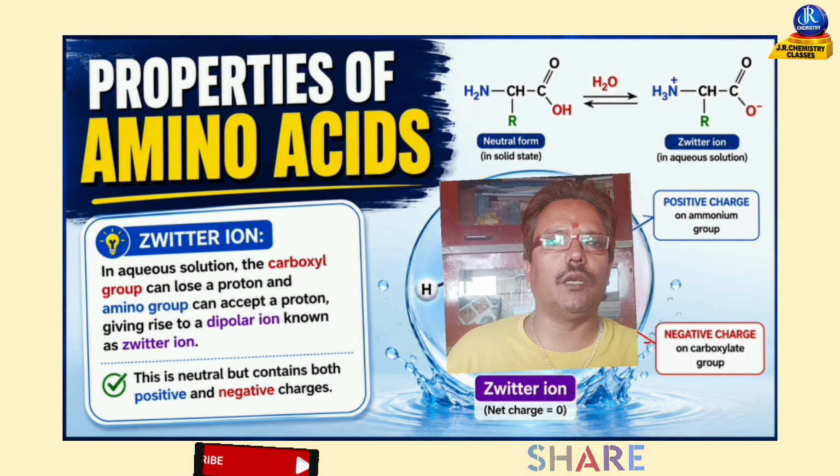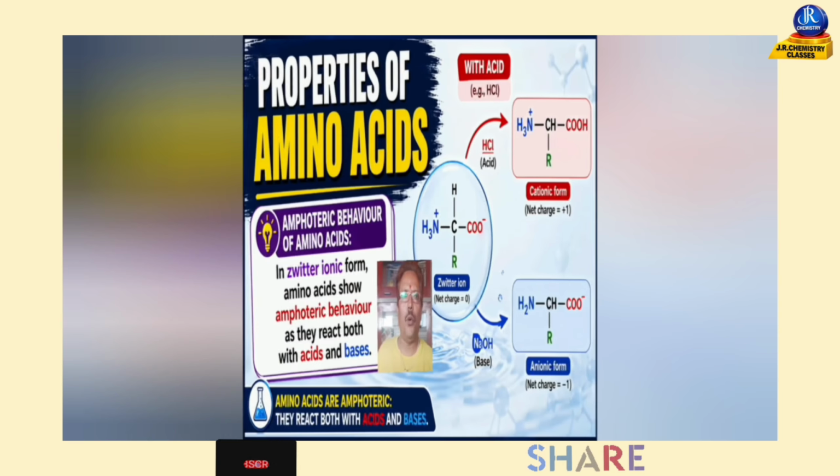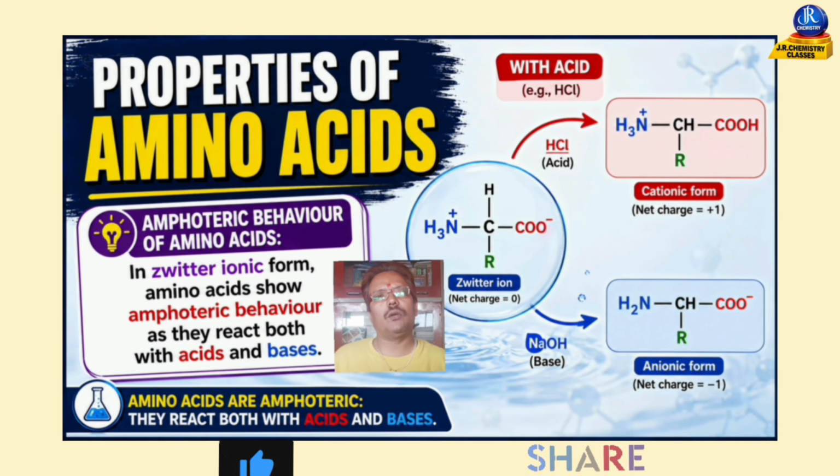This is neutral but contains both positive and negative charges. Amphoteric behavior of amino acids: in zwitter ionic form, amino acids show amphoteric behavior as they react both with acids and bases.